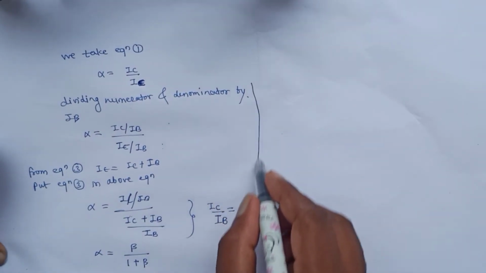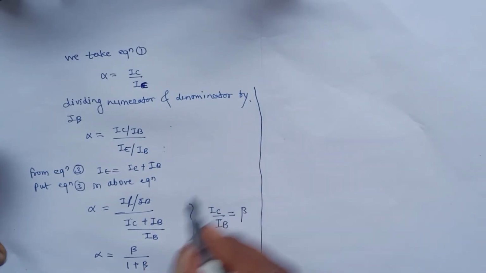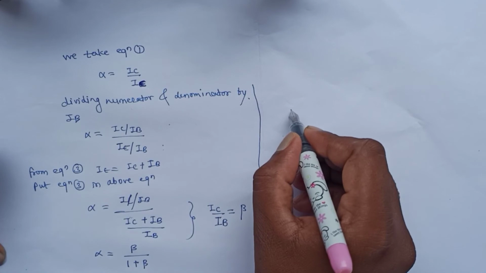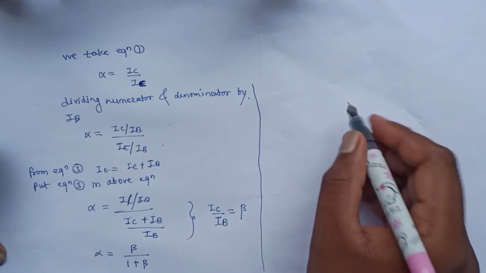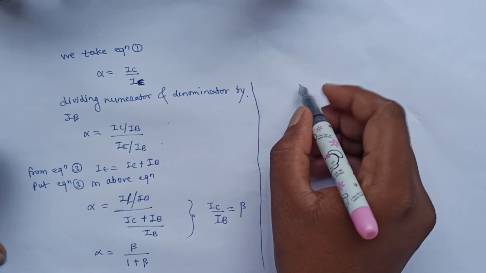On the other hand, if you want to calculate the value of beta, let's see. The value which is in the denominator, transfer it to the numerator side.